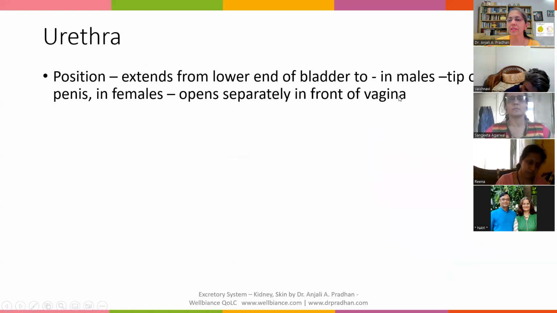In males, it is up to the tip of the penis. And in females, there are 3 openings. Correct? First one is urethral opening. Second is vaginal opening. And third is anal opening. Anus का जो रहता है. So urethral opening separate रहता है females में.